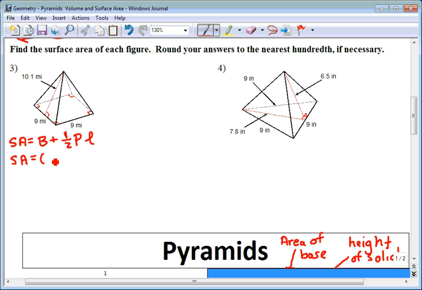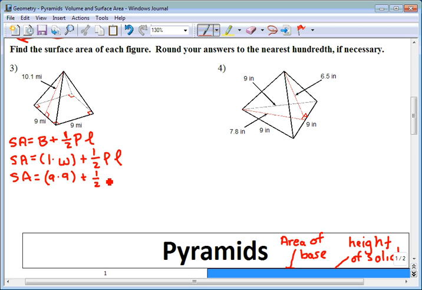So our base is a square. So the formula for the area of a square is length times width. So in this case, we have our length and width are both 9 miles, since it's a square base.